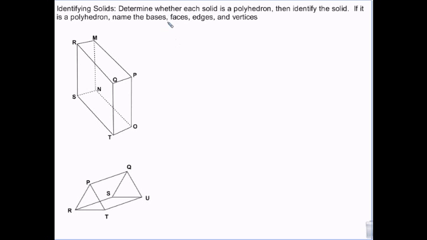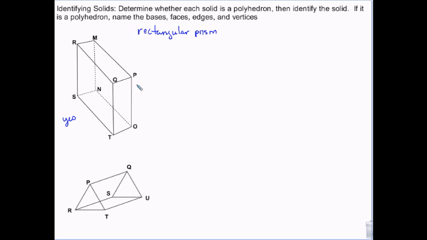Okay, so yes, this is a polyhedron. It is a rectangular prism. Now we need to decide, in a rectangular prism, you have multiple options for bases. You just decide what's the top and the bottom, because with a rectangular one, all of the opposite sides are going to be congruent.